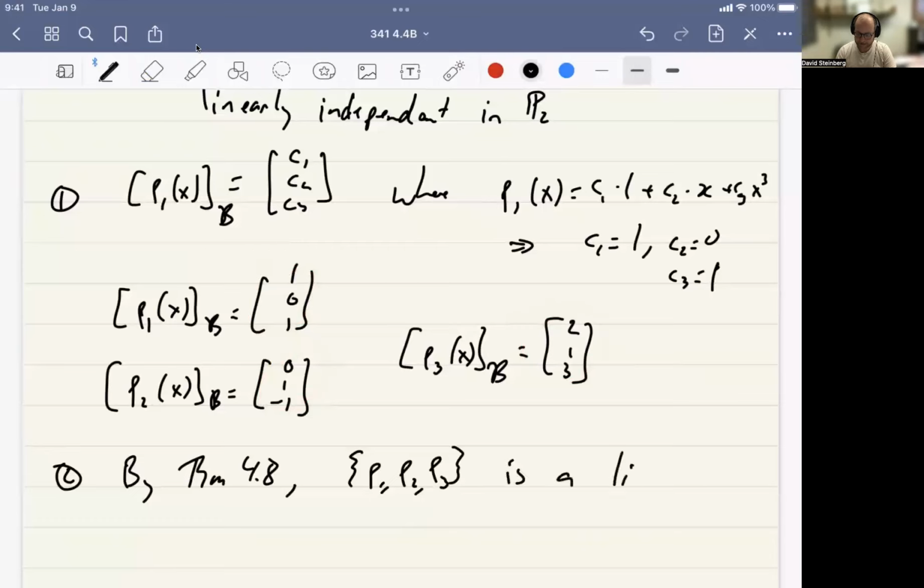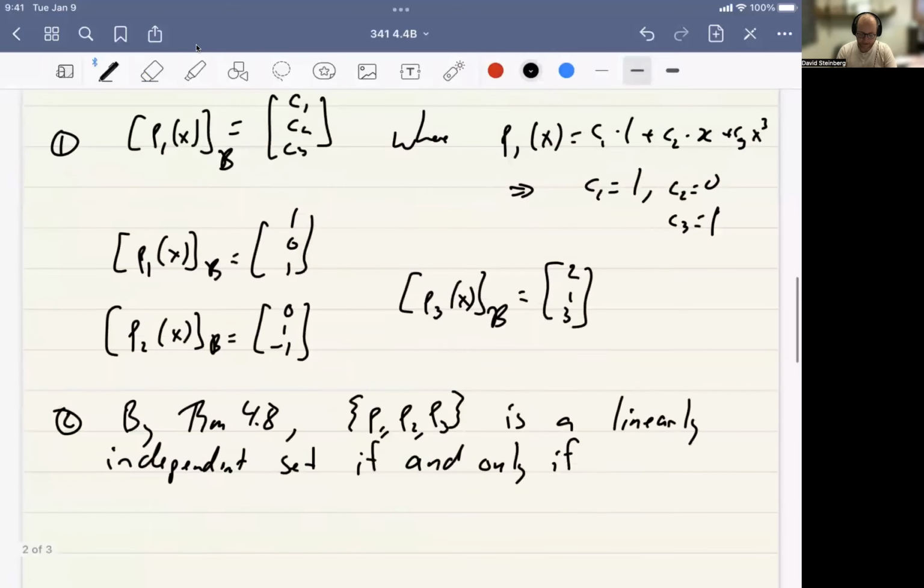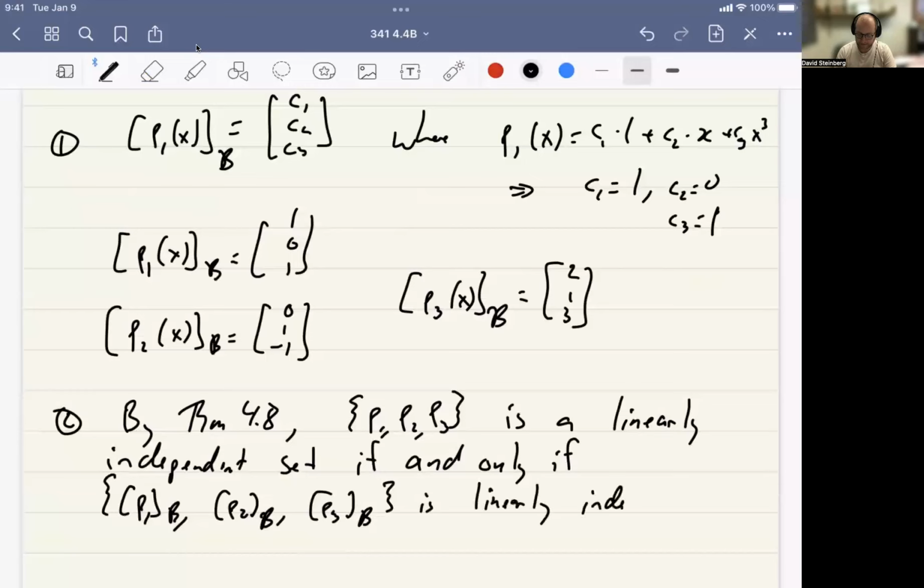This is a linearly independent set if and only if the set of coordinate vectors [P1]B, [P2]B, [P3]B is linearly independent in R3.